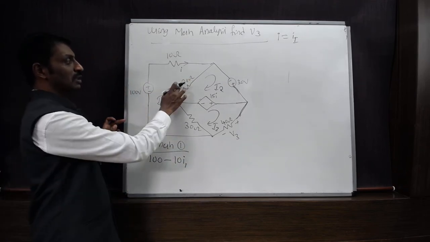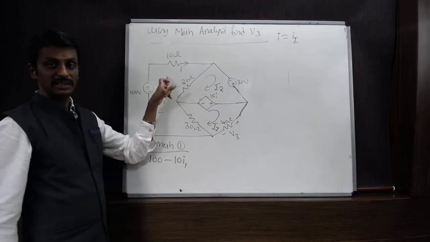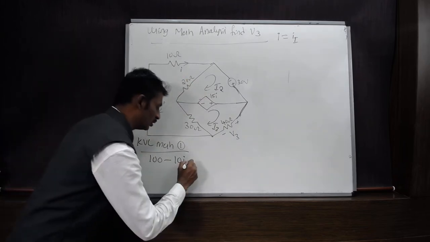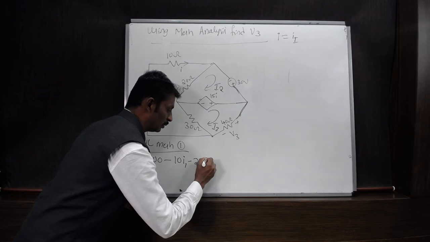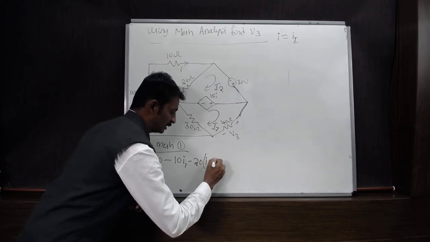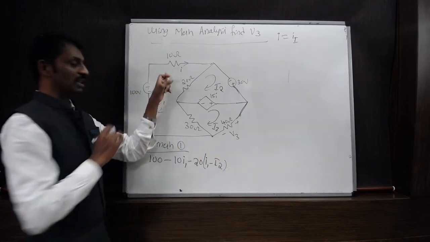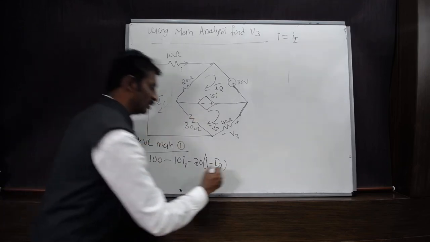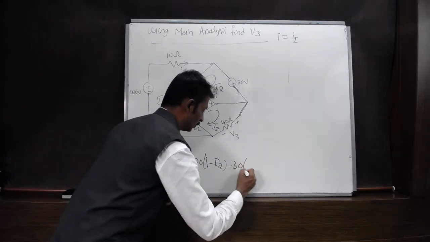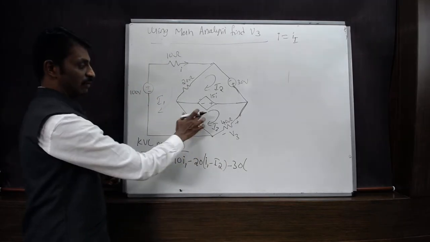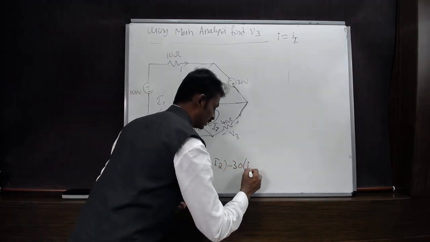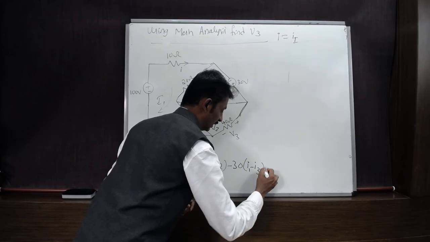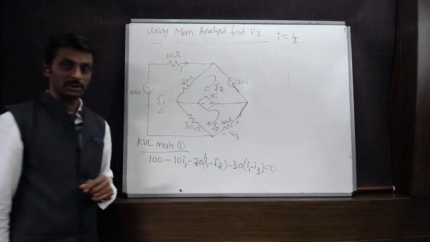And for the 20 ohms, there are two mesh currents, I1 and I2, so this will be taken as minus 20 into (I1 minus I2), since we are applying KVL in mesh 1. Similarly for the 30 ohms, the two currents are I1 and I3, so minus 30 into (I1 minus I3) is equal to 0.